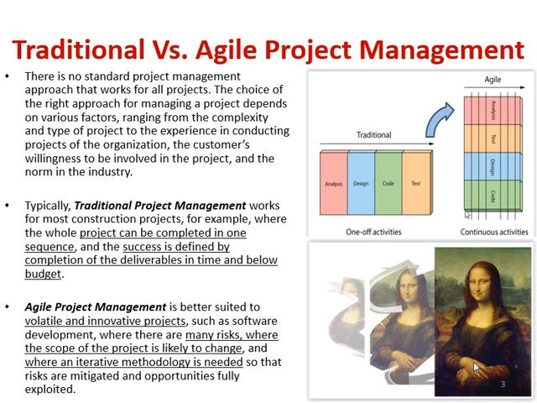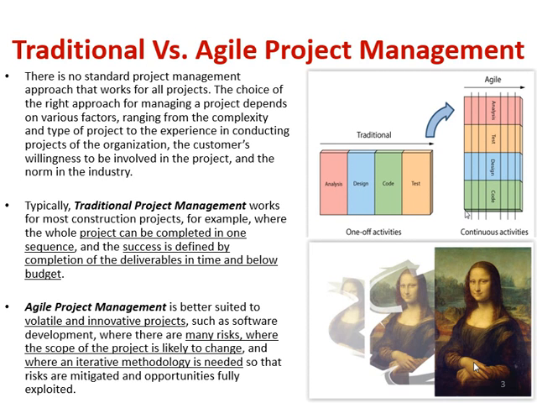Such as software development, where there are many risks, where the scope of the project is likely to change, and where an iterative methodology is needed. In those scenarios, we will go for the Agile Project Management methodology. Just as you can see in the snap of the Mona Lisa, it is an iterative approach.